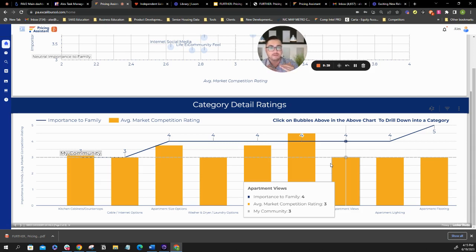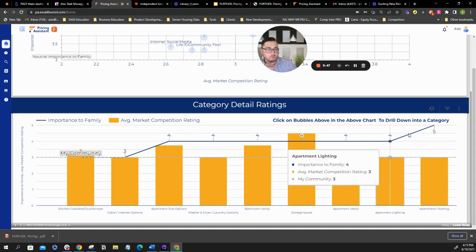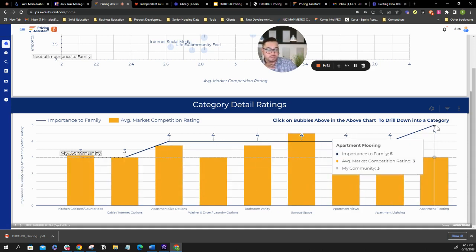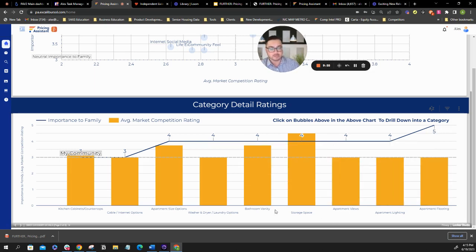Anything above the bar, we've ranked our competitors as better in that category, and the line represents what we feel is important to the customer, to the family, in that order. This is somewhat subjective and customizable. Of course, we can rely on resident survey data or post-tour data and so forth. Right now, it's set in this way.